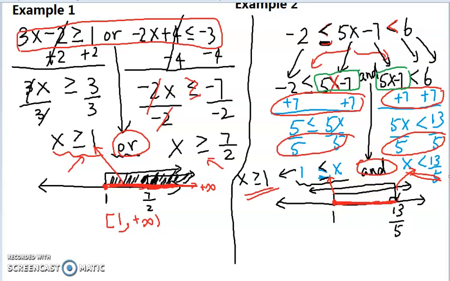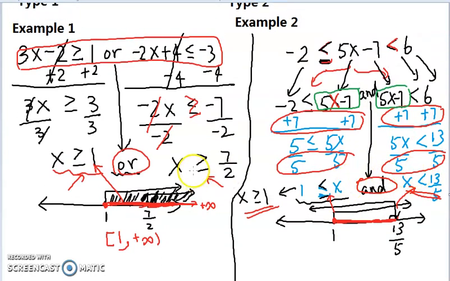So these two examples are different. In the first example, it just says or. Or means you don't have to meet both requirements. If you meet one of the requirements, you are good. And that's why we can see those numbers right here. Let me use a different color. These numbers right here are still solutions.